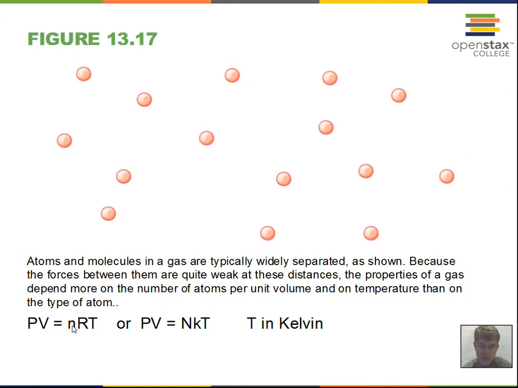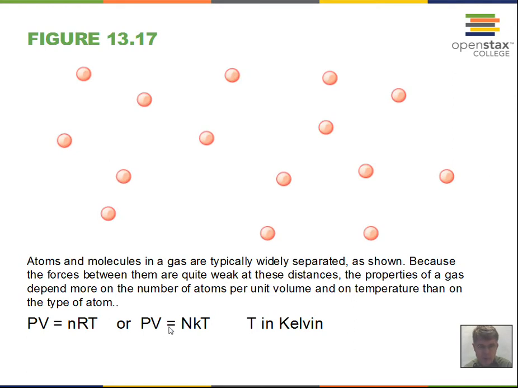N is the number of moles of gas that are present. To calculate this, you need to use the number of individual molecules that are present and divide by Avogadro's number. The gas constant is roughly 8.3 when you're in units of moles and joules for the energy, and T in Kelvin. So PV equals nRT.